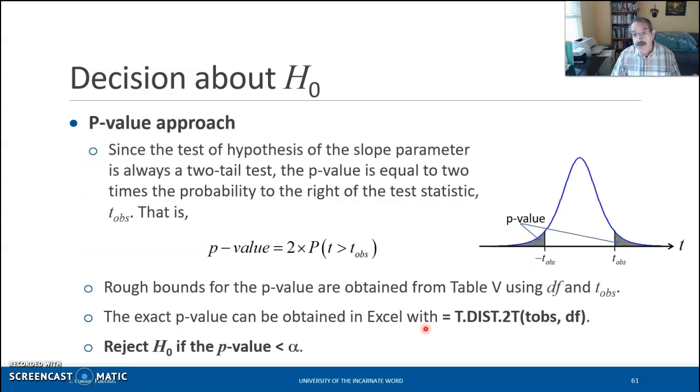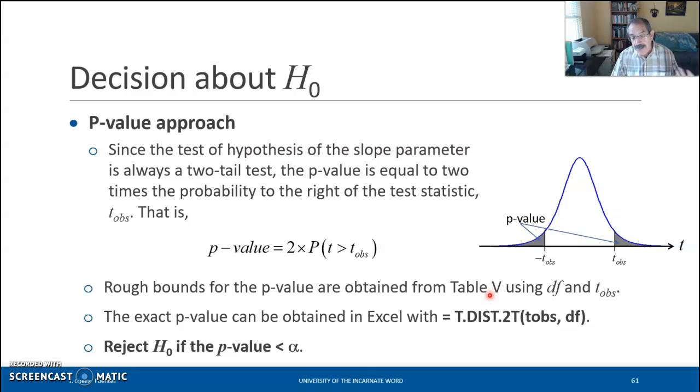Now, if we decide to use the p-value approach, again, this is a two-tail test. So what we do is we take the upper t-value, find the probability for the observed t, and multiply by 2 to obtain the p-value. So here's a formula that will give us the p-value. Again, we're going to use table 5 to find bounds for the p-value.